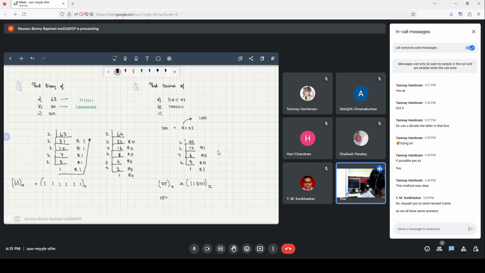Therefore, 100 in base 10 will be 11001 multiplied by 100 in base 2, and that's just 1100100. Multiplication is essentially the same in whatever base. So that is how you calculate it.